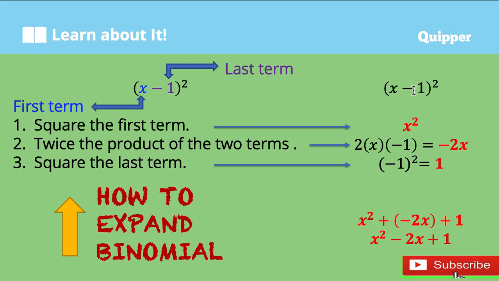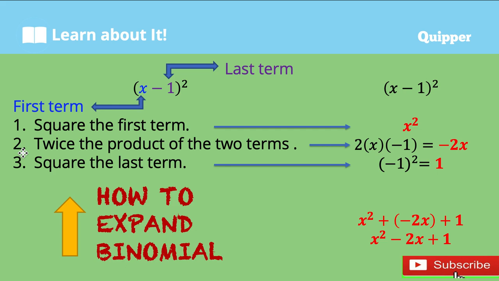Our last term is negative 1. So the square of negative 1 is positive 1. Then add all of this. So we have x squared plus negative 2x plus 1 or x squared minus 2x plus 1. This is how to expand a binomial. Just follow these 3 steps.